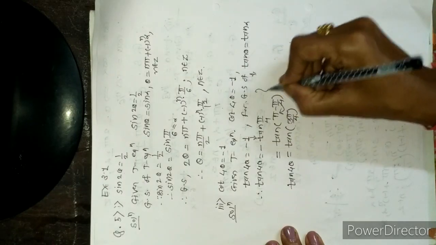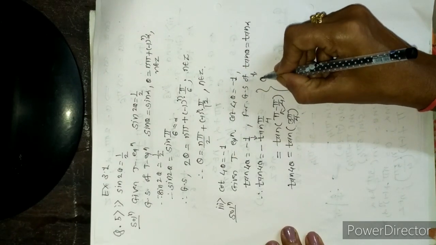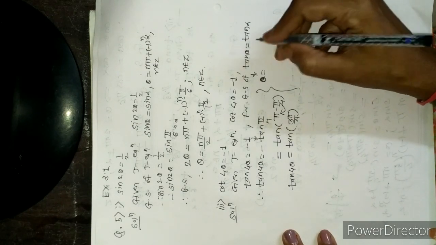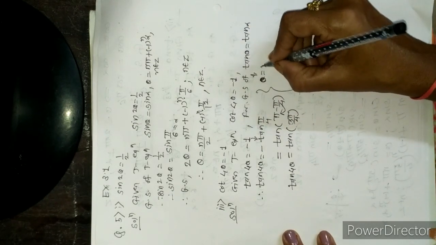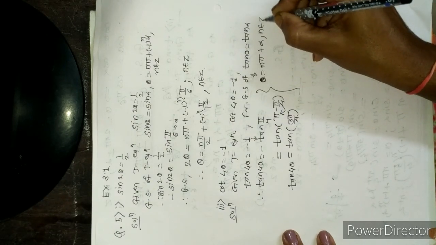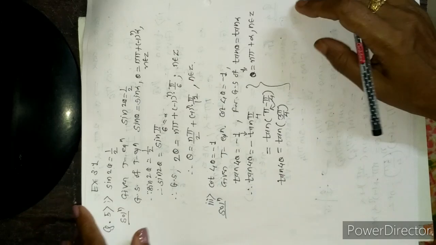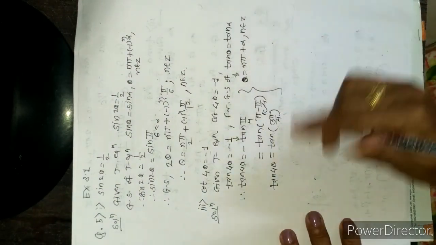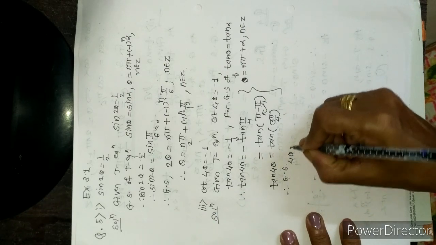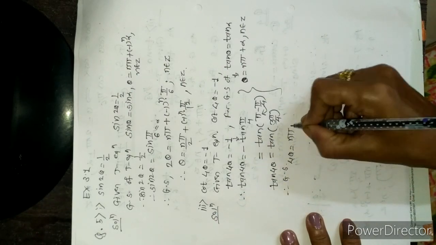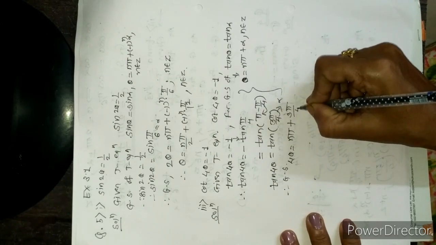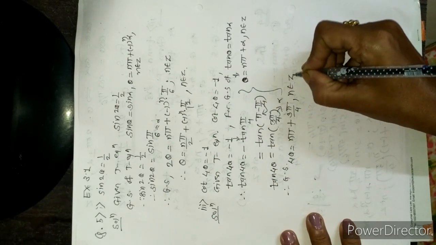Now for this we take the general solution as theta is equal to n pi plus alpha, because the tangent ratio remains the same in the first and third quadrant, where n belongs to z. So by using this condition we take the general solution: theta is equal to n pi plus alpha, and alpha is nothing but 3 pi by 4, where n belongs to z.